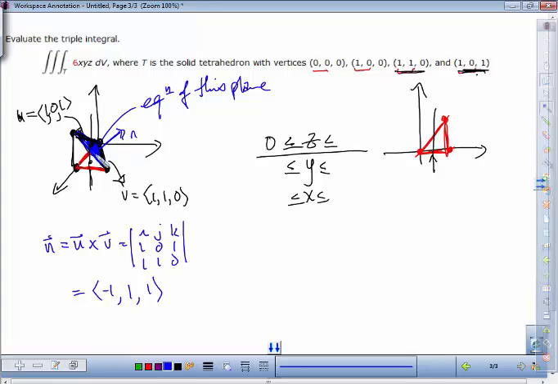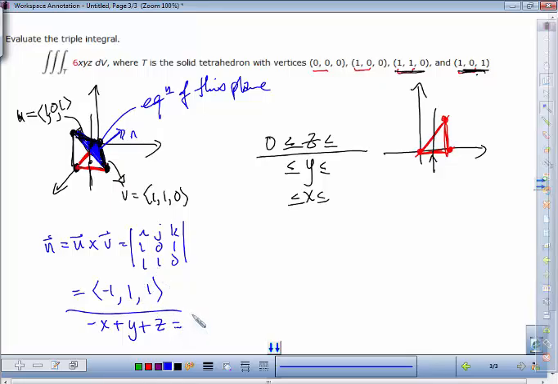All right, now that you have the normal, just put it into the formula. And there are many formulas for the equation of the plane, right? So one formula that I can remember is -1 times x plus 1 times y plus 1 times z. Those are my normal vector components.